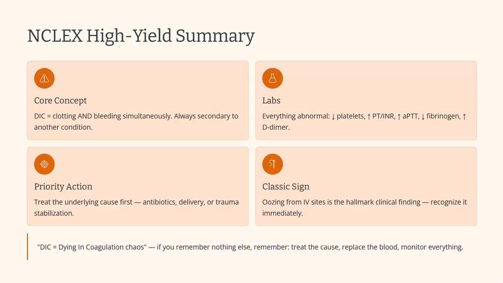A priority is to treat the underlying cause first. If it's sepsis, we give antibiotics. OB-related, delivering the baby. If it's the result of a trauma, getting the patient stabilized. And a classic sign is oozing from the IV site. That's considered a hallmark clinical finding. So we're already assessing our IV sites frequently. It's something that you're going to be watching for in patients who are at risk for DIC.